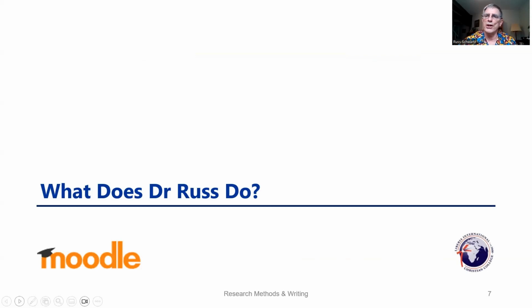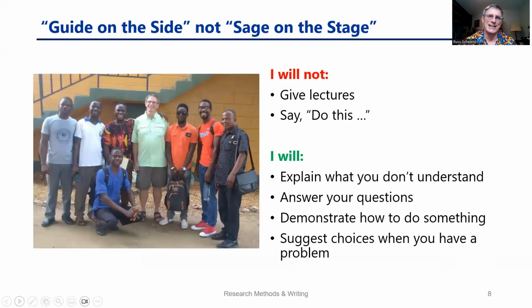So, what do I do? If I'm not lecturing you, what do I do with my time? Yes, granted, in this model, I don't give lectures, or generally, except for when I'm explaining assignments, I don't say, do this.